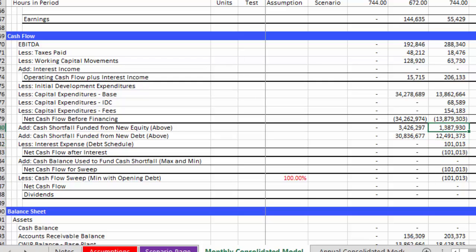I should have trapped some cash up here to make sure that we can cover at minimum the interest. That's like a debt service reserve account. And then when we had a negative amount, we could have taken that out of the cash account.